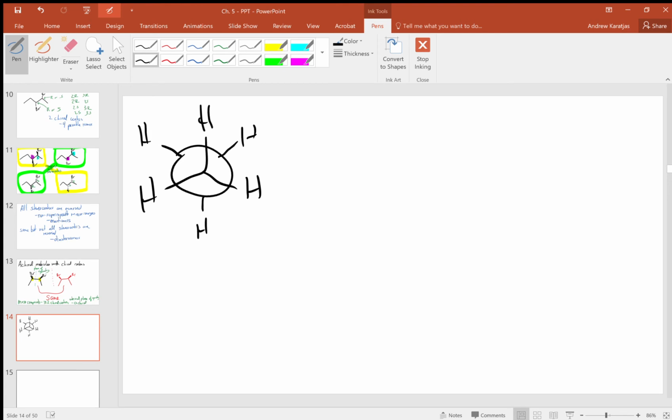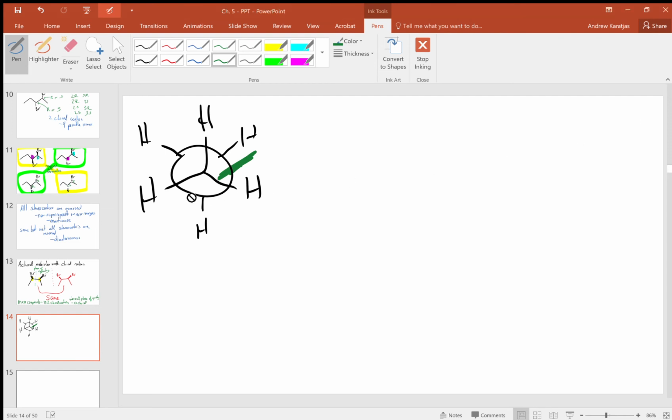Well, imagine now if there was some way to stop this from rotating. Maybe you could do that by putting very large groups on there, and that would prevent rotation from taking place. And so in that case, without actually having a chiral center, you could still get a chiral molecule, because the molecule can't rotate.